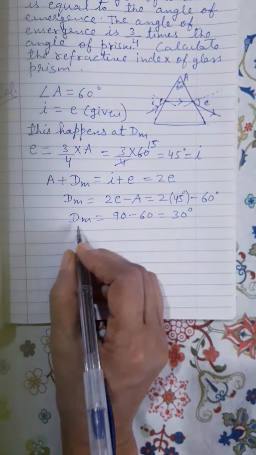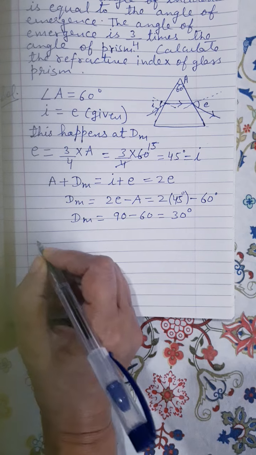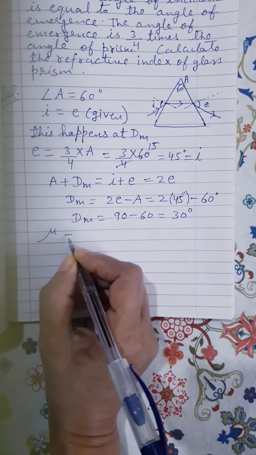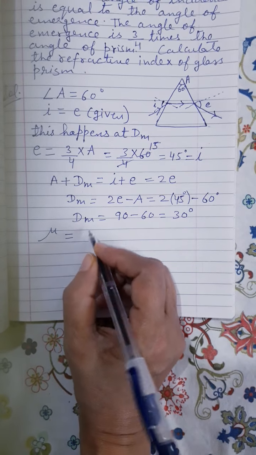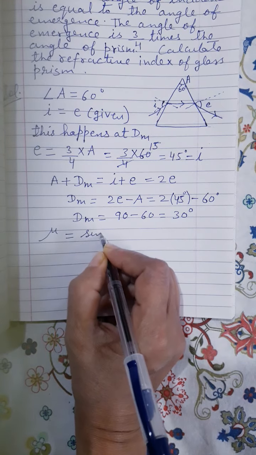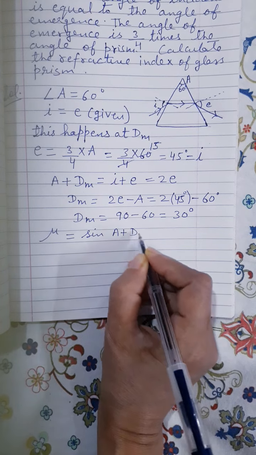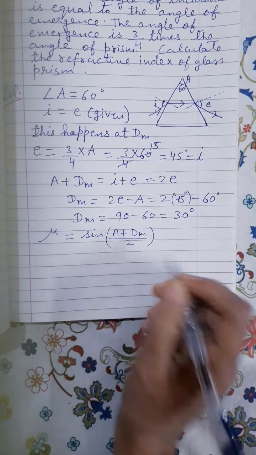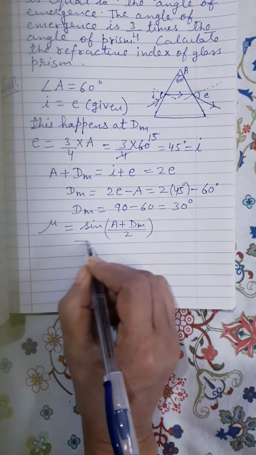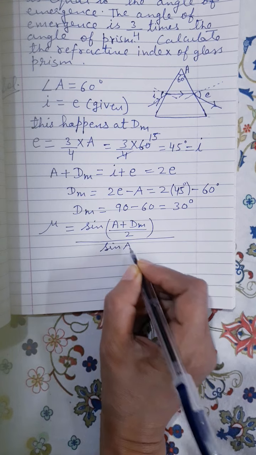Now I have calculated the value of D, which is DM in this case, and we know that refractive index, this is the common formula for refractive index of the prism, given by sine of angle A plus DM upon 2 divided by sine A by 2.